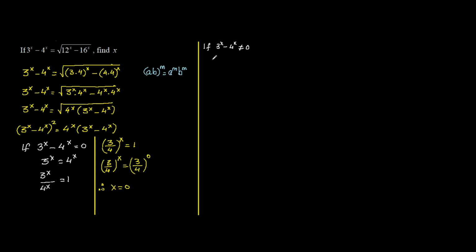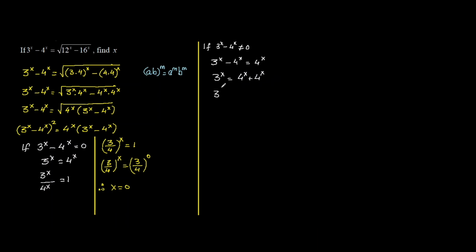So we are left with 3^x − 4^x is equal to 4^x. Now adding 4^x on both sides, we have 3^x is equal to 4^x plus 4^x.